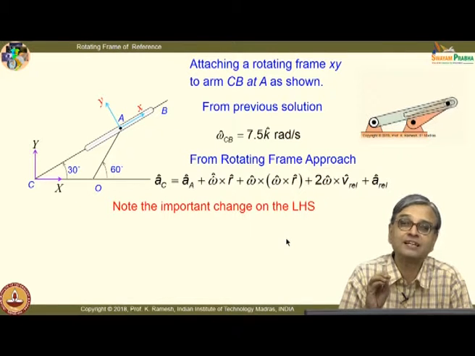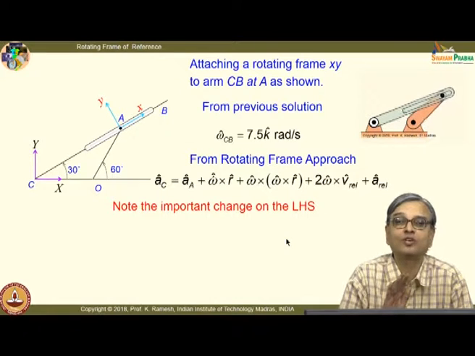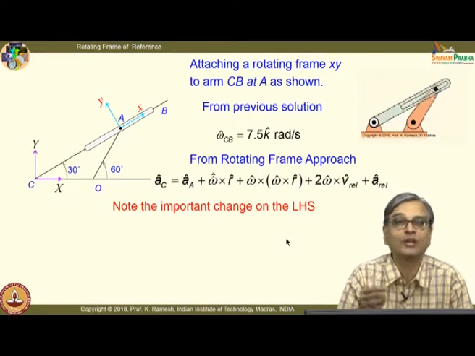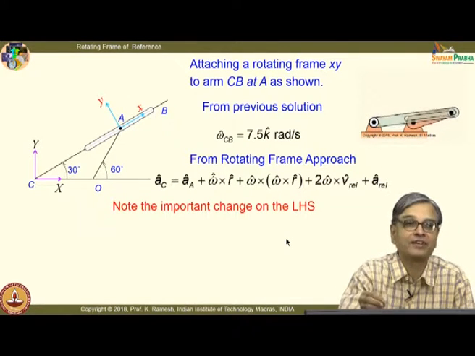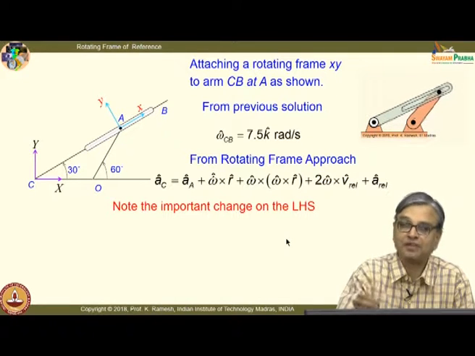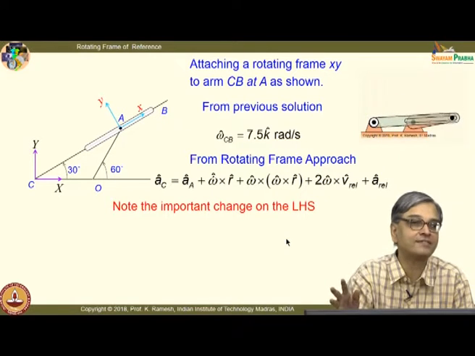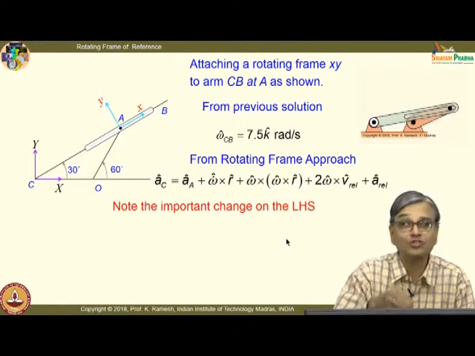So, the advice is, please do not sit on the point which is moving on the slot. Sitting on the point means what? You are attaching the coordinate of the rotating frame of reference. The observer sits on the coordinate origin and then looks at what happens. So, do not sit on the point. Okay. That is also a learning.